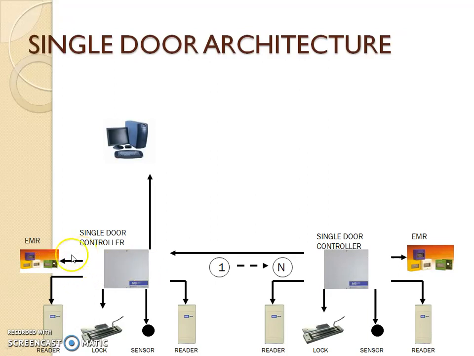For example, this EMR box, this reader, the lock and the other sensor devices are connected to this controller. If you have another door, then you have to go for another single door controller. In other words, it is like installing a dedicated controller for each and every door.